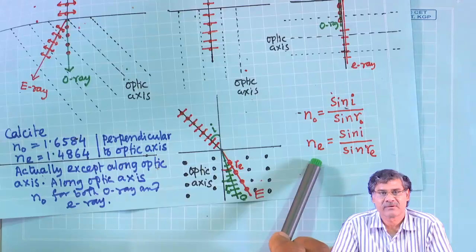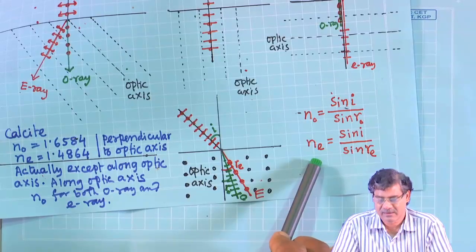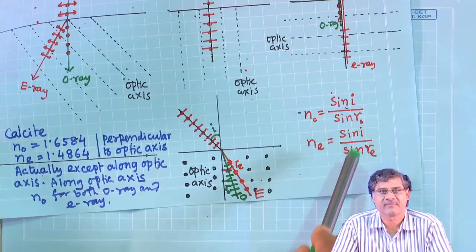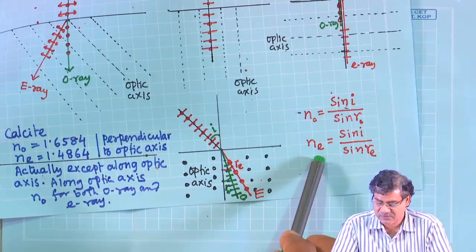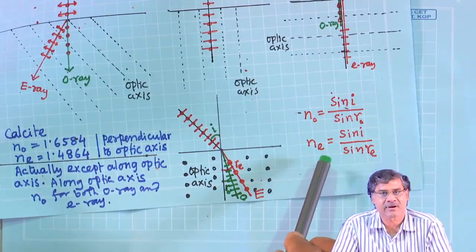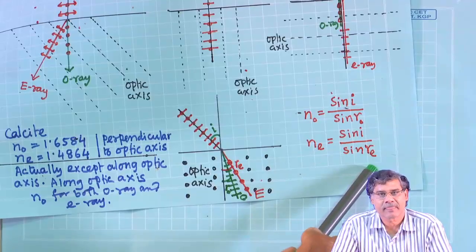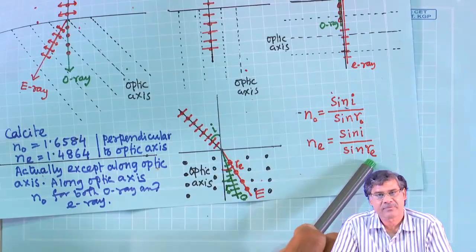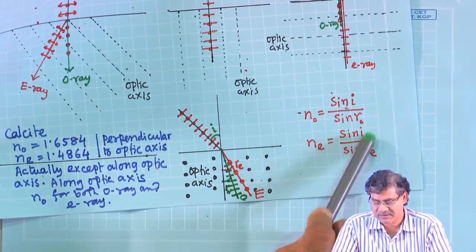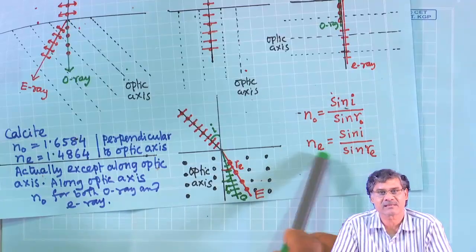Similarly, for the E ray also we write sin i by sin r. So extraordinary rays also follow Snell's law, because this is what we write from Snell's law.